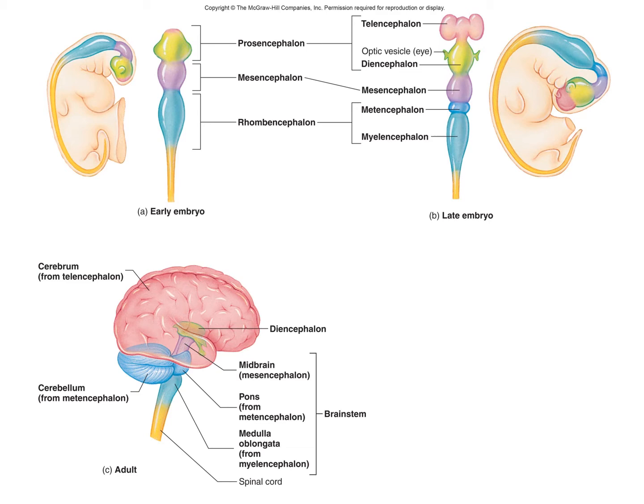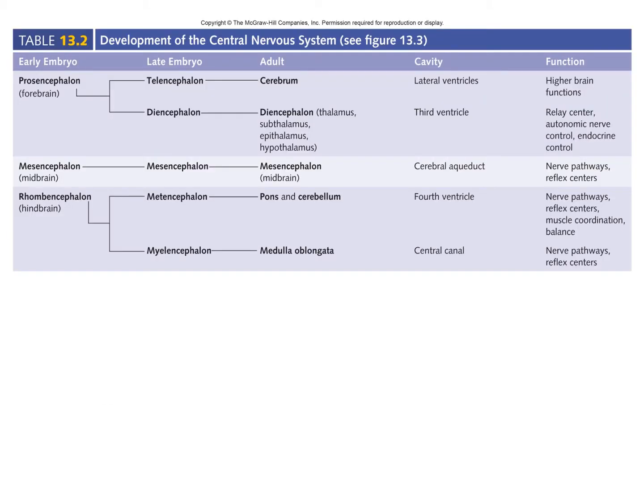Then as the embryo continues to develop, each of those five regions gives rise to the specific brain structures we will be talking about and those that are illustrated in Figure C. So here's Table 2 in Chapter 13, where that whole sequence is laid out for us.